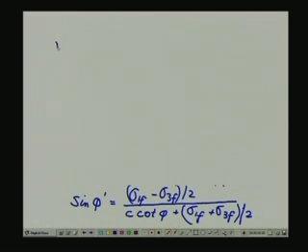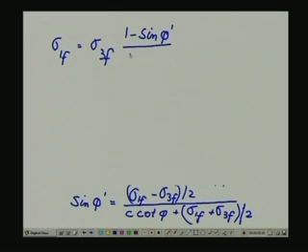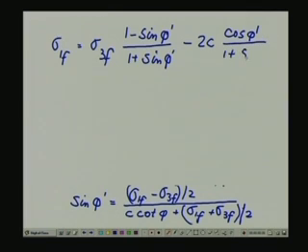Okay. Then we can collect the terms, go through the algebra, and show that sigma 1f is equal to sigma 3f multiplied by (1 minus sine of phi prime) divided by (1 plus sine of phi prime), minus 2c cosine of phi prime divided by (1 plus sine of phi prime).